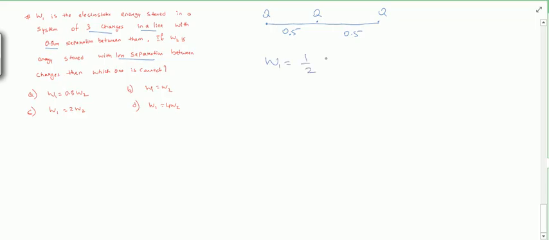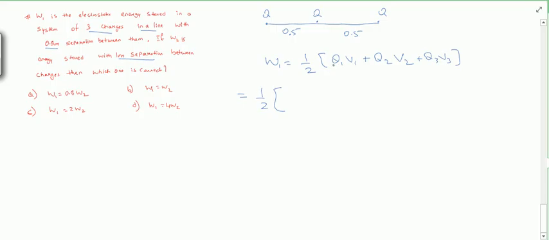Now the energy stored is given by, we know, half of summation of Qi Vi. So it can be half of Q1 V1 plus Q2 V2 plus Q3 V3.